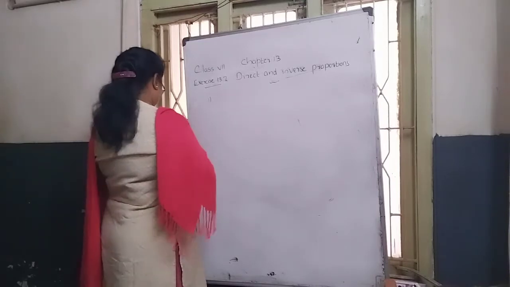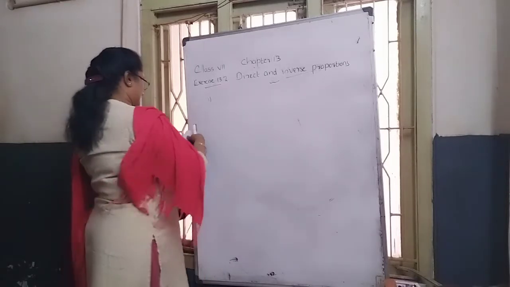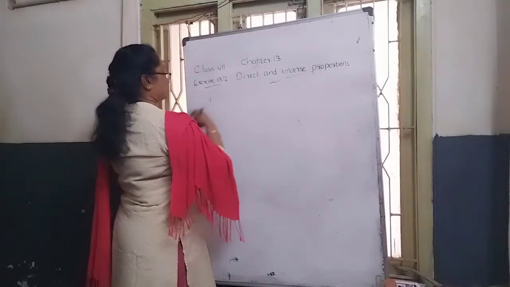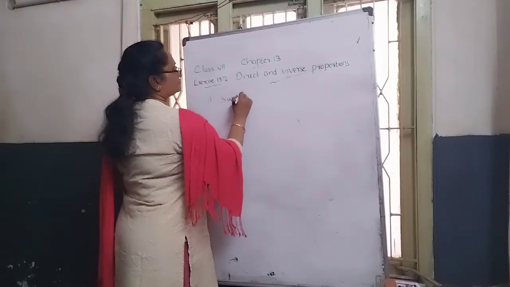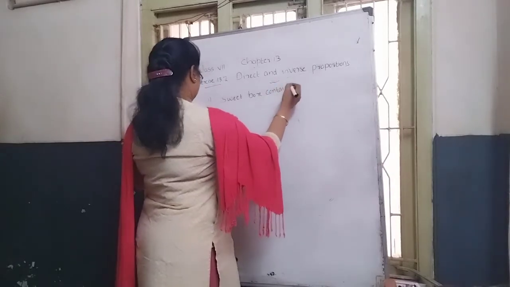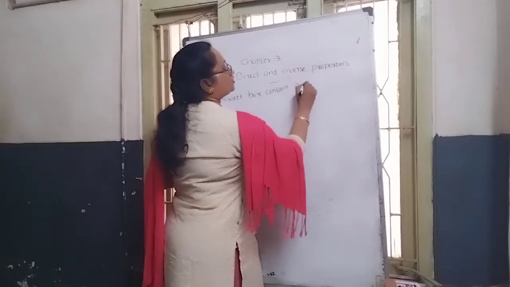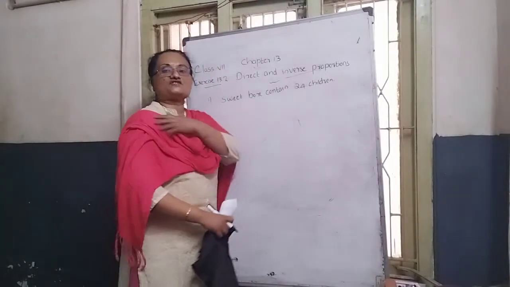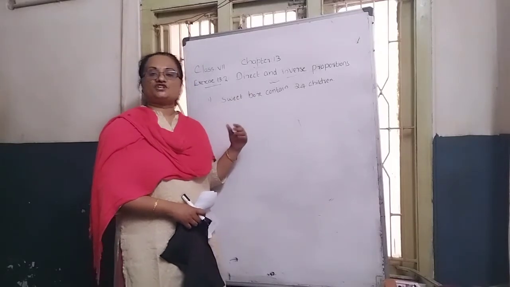In the first question, they say a box containing some sweets is there. There are 24 children, and the sweets in that box are given to the 24 children.